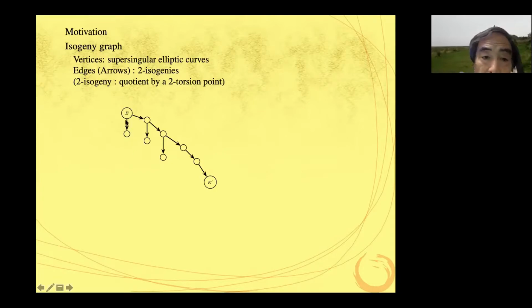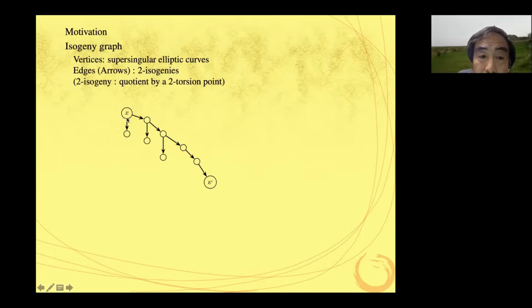We take one 2-isogeny, and we go to the next supersingular elliptic curve, and again we take one 2-torsion point and consider the 2-isogeny, and go to the next one, and so on. And finally, we assume we get to E'. If we know this process, we can get to E', of course.